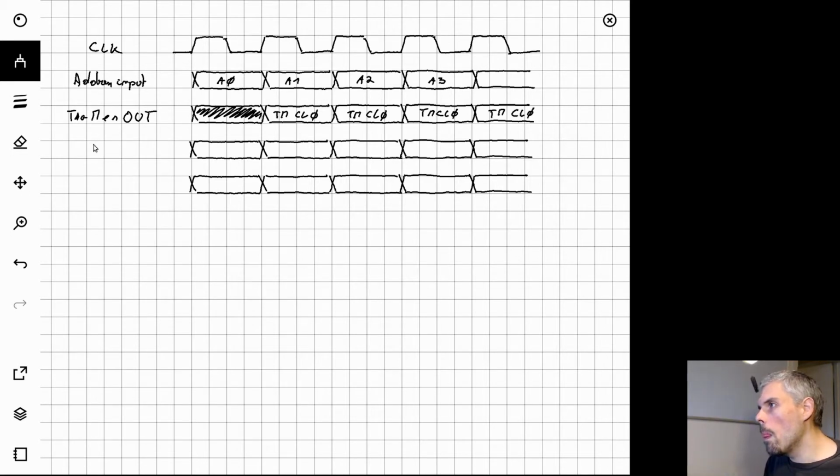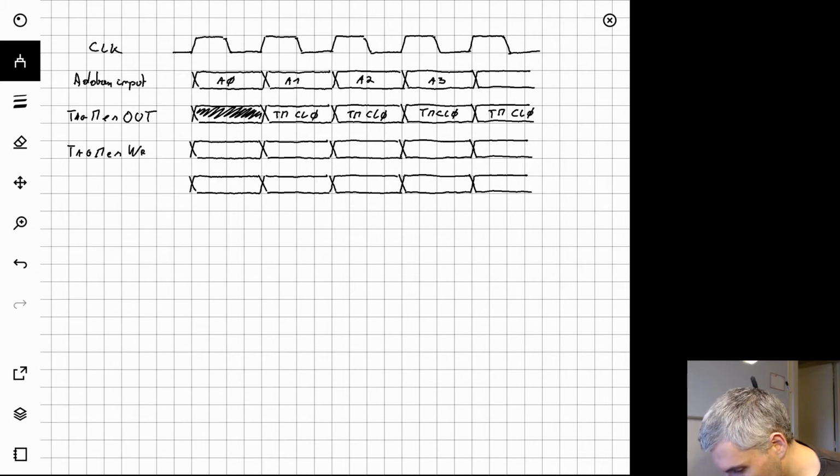Now, the next line is what we put at the tag memory write side. So the first is just invalid, that's whatever was before.